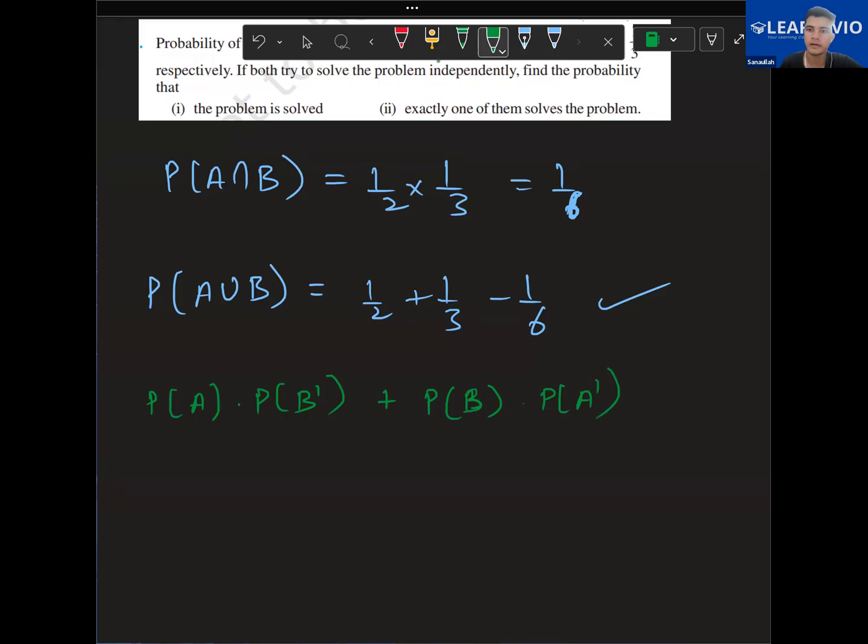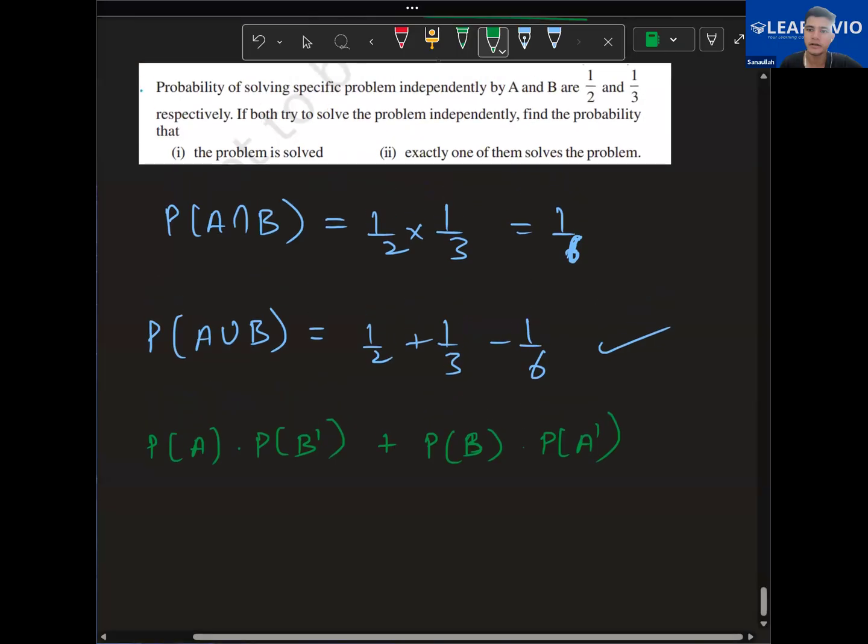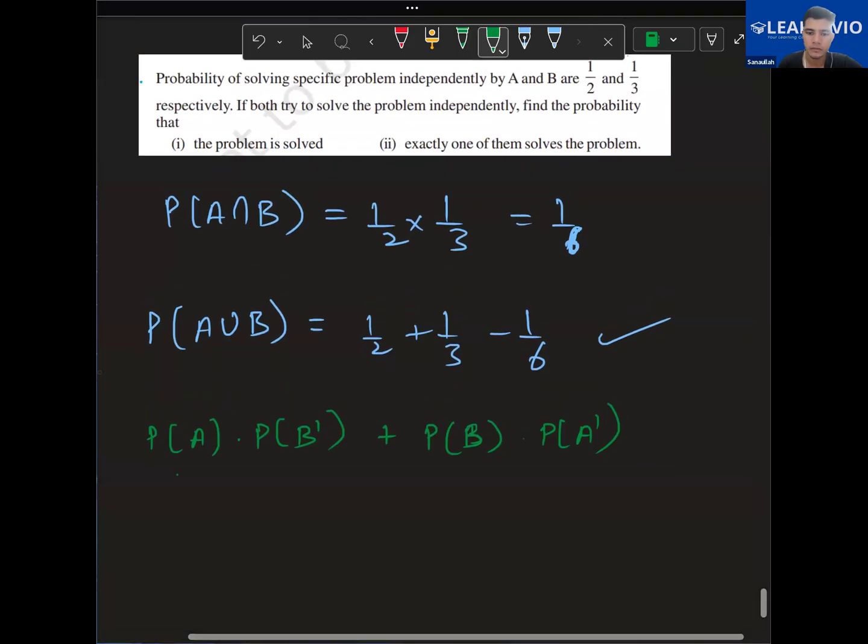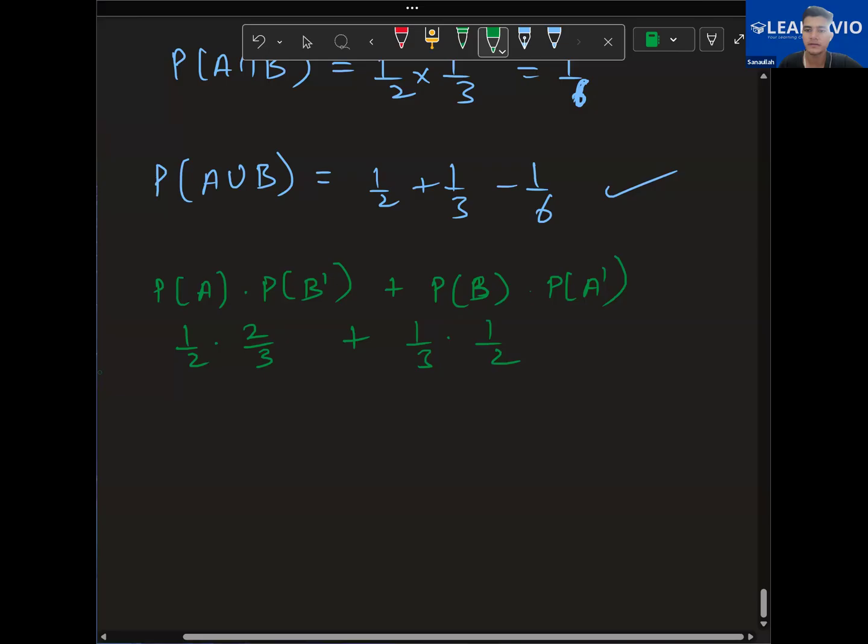So probability of A is 1/2 and B dash is 1/3. 1 minus 1/3, that is 2/3, plus B is 1/3 and A dash is 1/2. So this is 2 plus 1, that is 3/6. This is 1/2. Right.